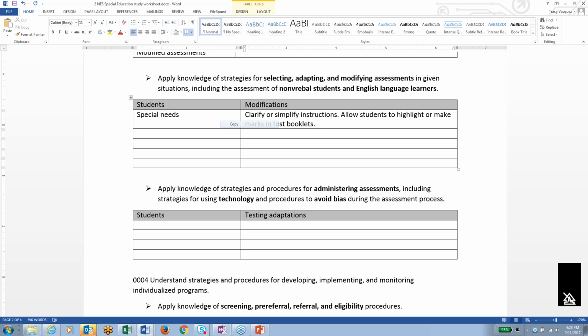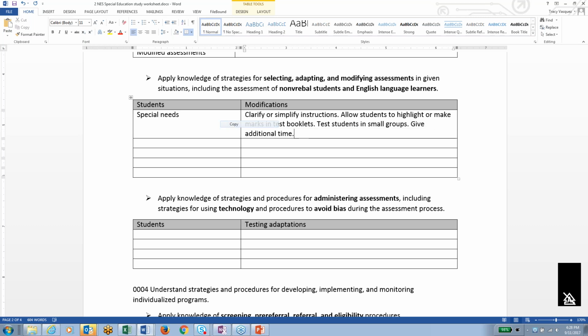We can test students in small groups. We can give additional time to complete a test. We can test students separately with a direct supervisor. So those are some general ones.